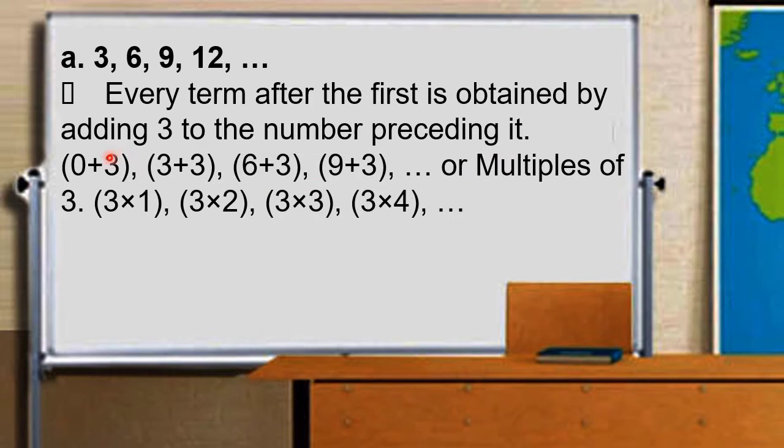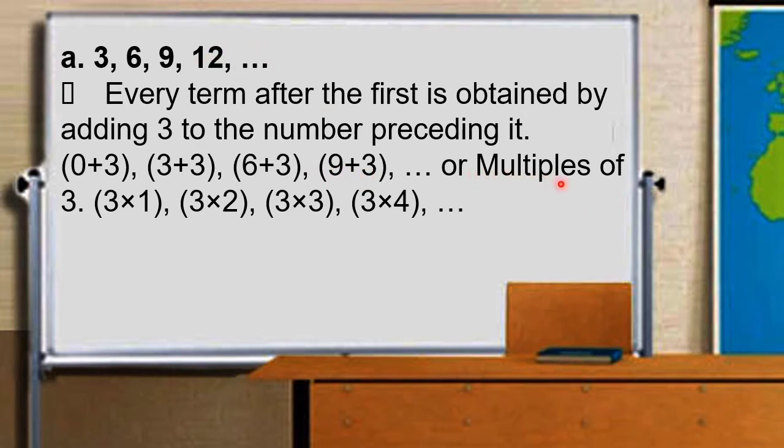Okay, so 0 plus 3 equals 3. Okay, so mag-a-add ulit tayo ng 3 para makuha natin si 6. So 3 plus 3 equals 6. Then mag-a-add tayo ng 3 kay 6. 6 plus 3 equals 9. Then mag-add tayo ng 3 kay 9. 9 plus 3 equals 12.